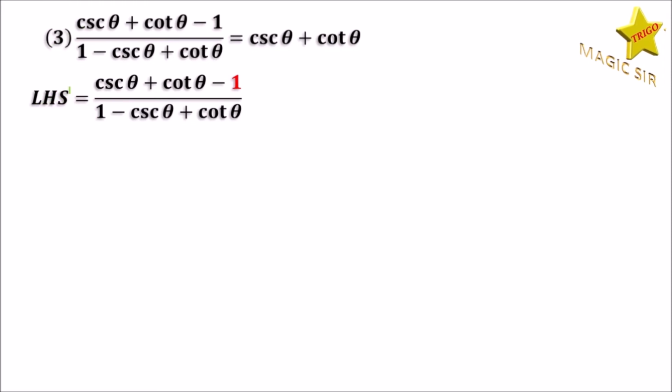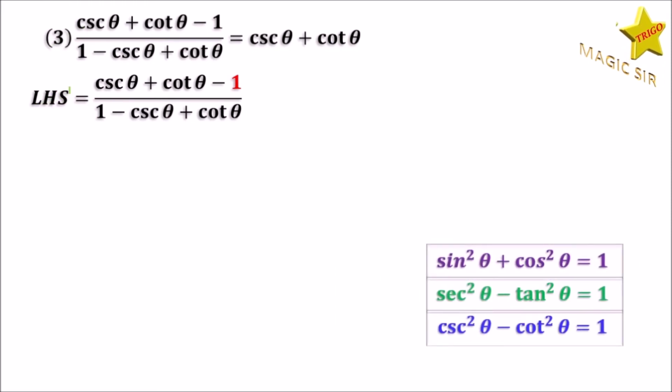Now recall the Pythagorean identity that can replace 1. We have three formulas. First, sin square theta plus cos square theta equal to 1. Second, sec square theta minus tan square theta equal to 1. And third, cosec square theta minus cot square theta equal to 1.